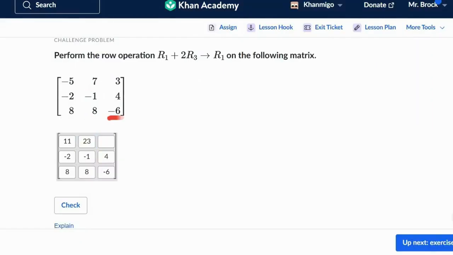Now we're going to double this for the third element. That'd be negative 12. Plus 3 would be negative 9. Yeah, I think some folks were playing follow the leader and didn't calculate themselves. Let's see. Yes, it's 23, 16 plus 7. 11, 23, negative 9.